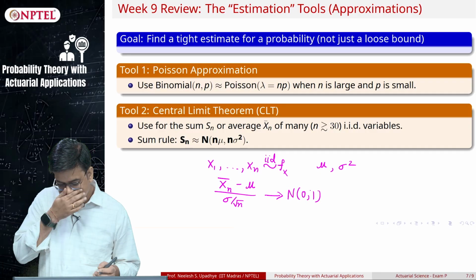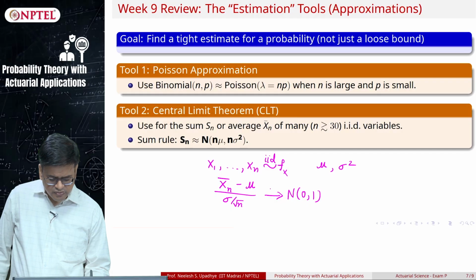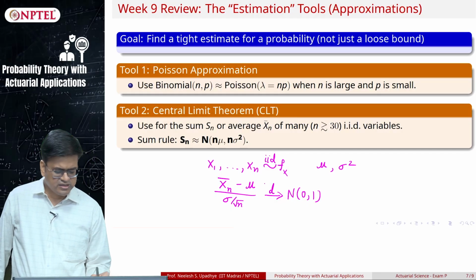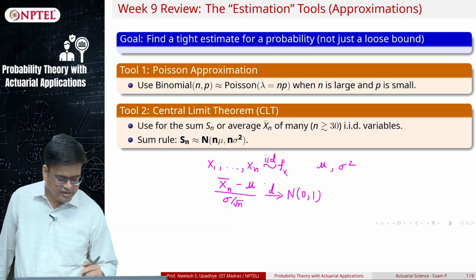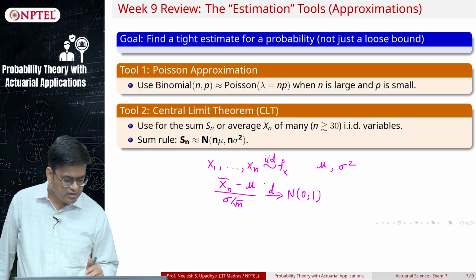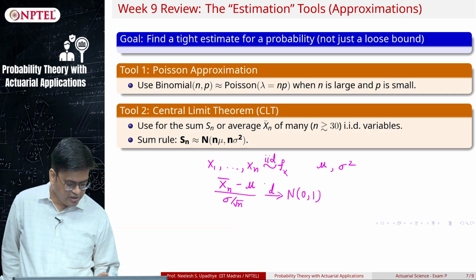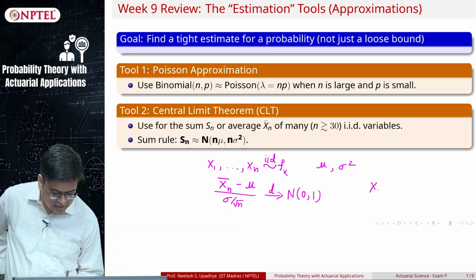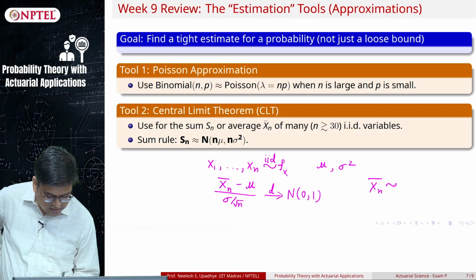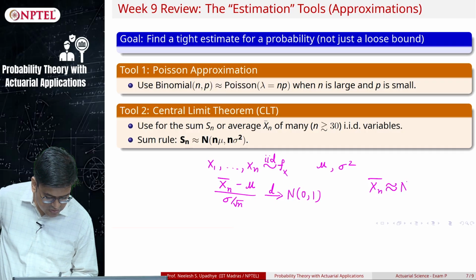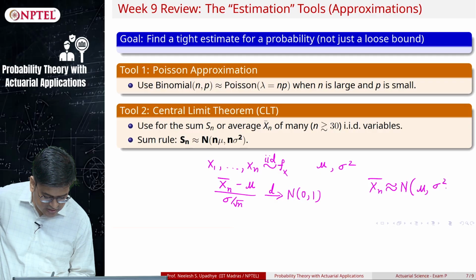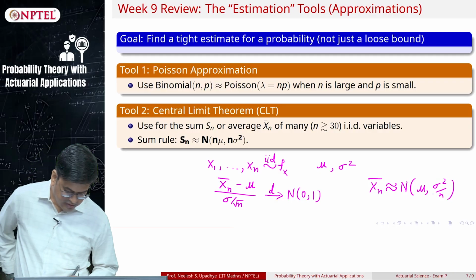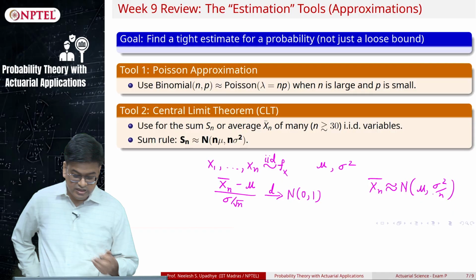This is the essence, and we called that convergence in distribution. We did not dig deeper into these concepts, but we were pretty familiar with them, and therefore what we are saying is my xn bar approximately follows normal with mean mu and variance sigma square by n. That was the idea around the central limit theorem.